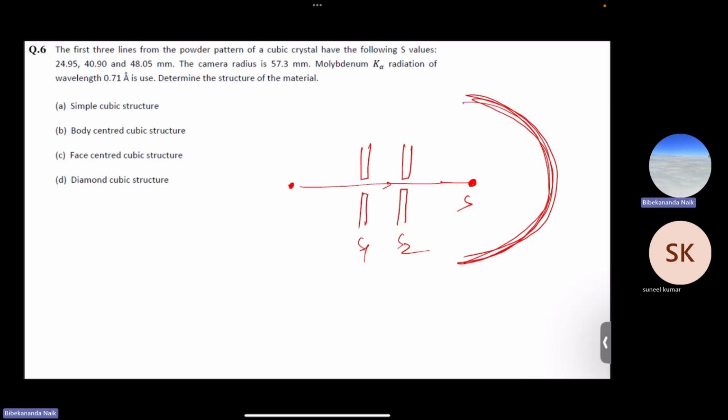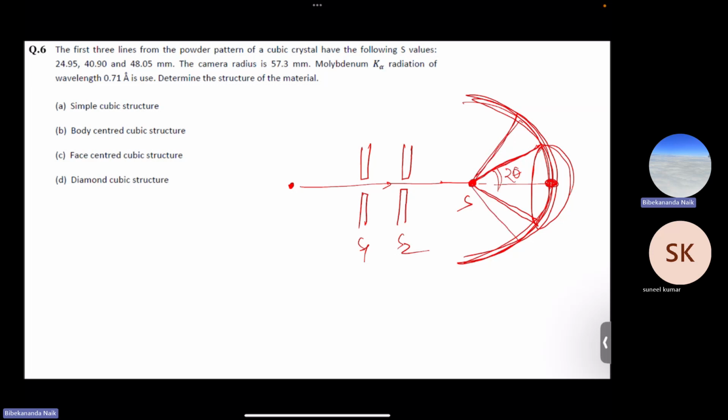Now if you see, this is the screen, and this is the central spot. Corresponding to the reflections, there will be lines like this. If this is 2 theta, then a solid cone is formed. Corresponding to another theta value, another cone is formed.